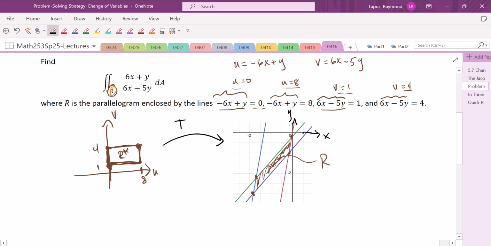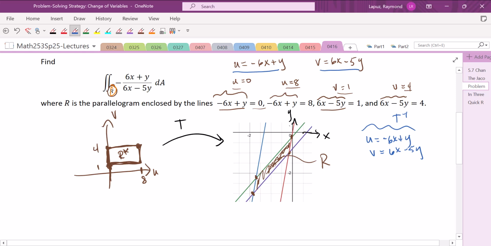All right, I actually don't have T yet because what I wrote down over here is a way to get from XY to UV. So this is actually T inverse. That would be if I want to go backwards.